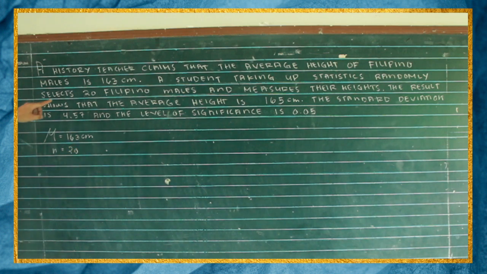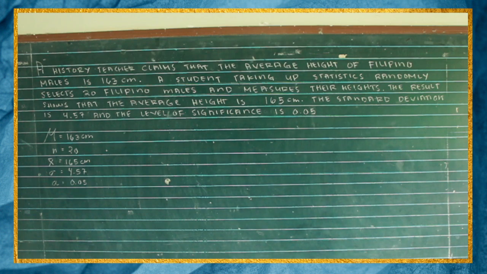And then the result is the average height is 165 centimeters, so that would be the sample mean, 165 cm. The standard deviation is 4.57 and the level of significance is 0.05.